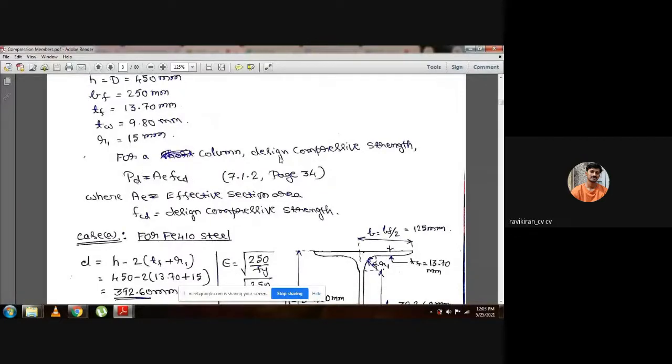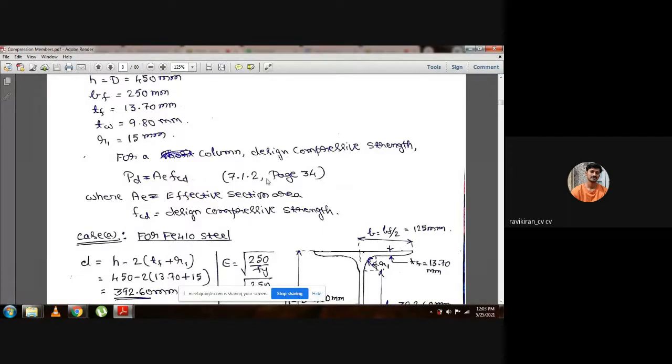So now, for column design, compressive strength Pd is equal to effective area into design compressive stress. If you open page number 34 of IS 800, clause 7.1.2, this formula is available on the same page.